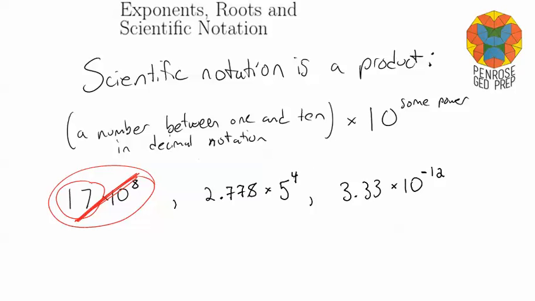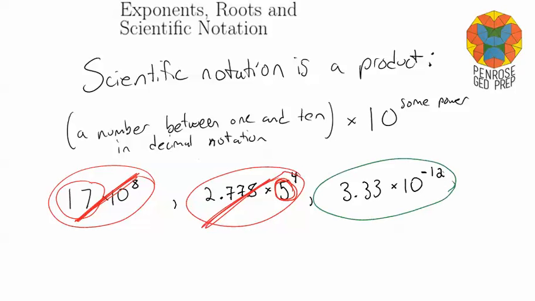Again, this is not written in scientific notation because the base of our exponent is not 10. Finally, let's look at 3.33 times 10 to the minus 12th. This is written in scientific notation, despite the fact that the exponent is negative. We will get to this later.